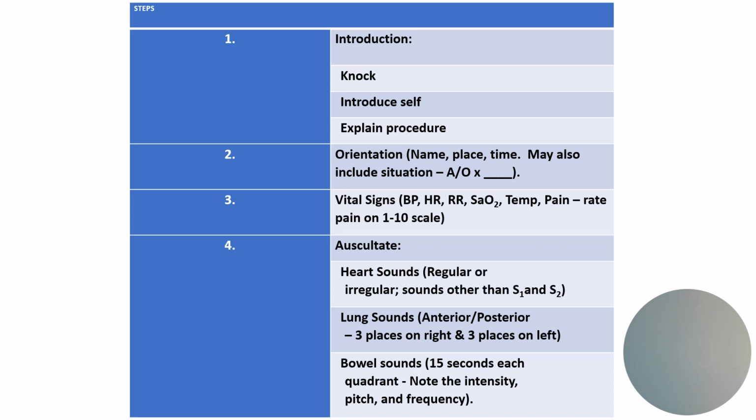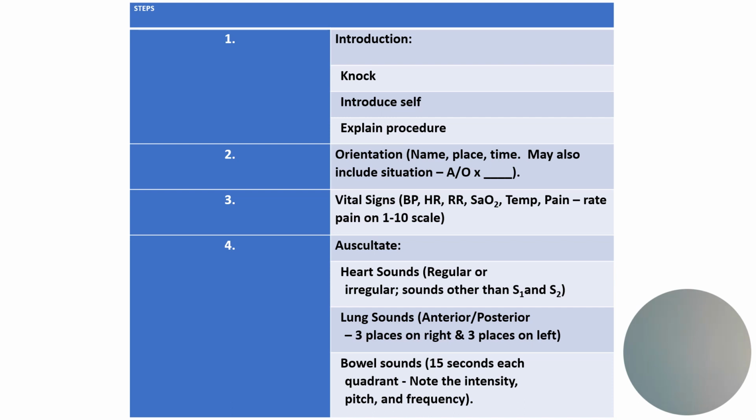So we can document that as alert and oriented times 3 if we're doing name, place, and time. If we're including the situation, that would be alert and oriented times 4. And you'll notice that to the side, I have put what you should be documenting. That's in parentheses.